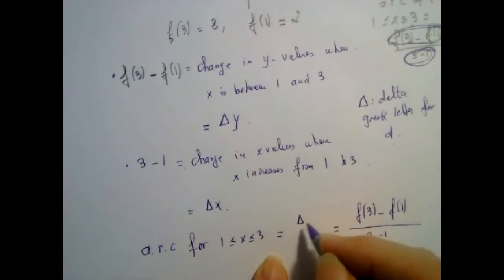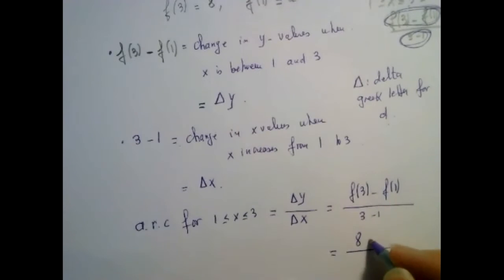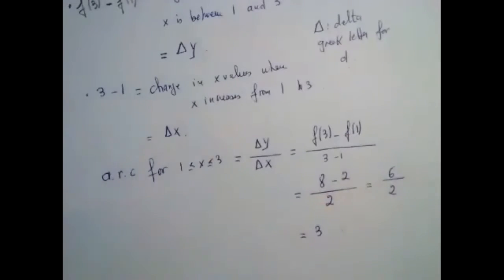So we can rewrite it as how much your y value changed over how much your x value changed. Now in numbers, f of 3 is 8, f of 1 is 2. This is how much your y value changed. 3 minus 1 is 2. That's how much your x value changed, which is equal to 3. So that's my average rate in this picture.